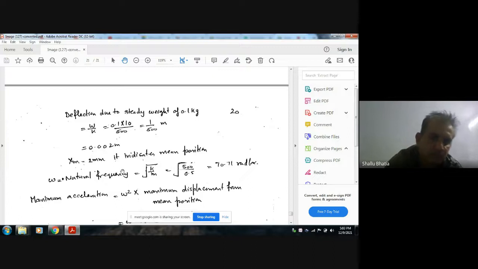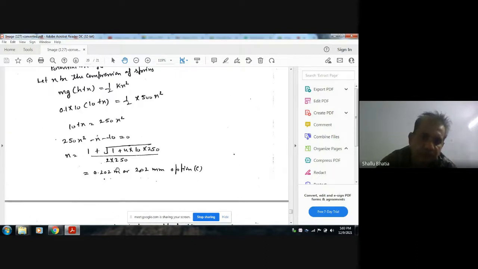The natural frequency is root of k by m, that is 70.7 radians per second. The mean position and maximum position we have calculated in the last question.